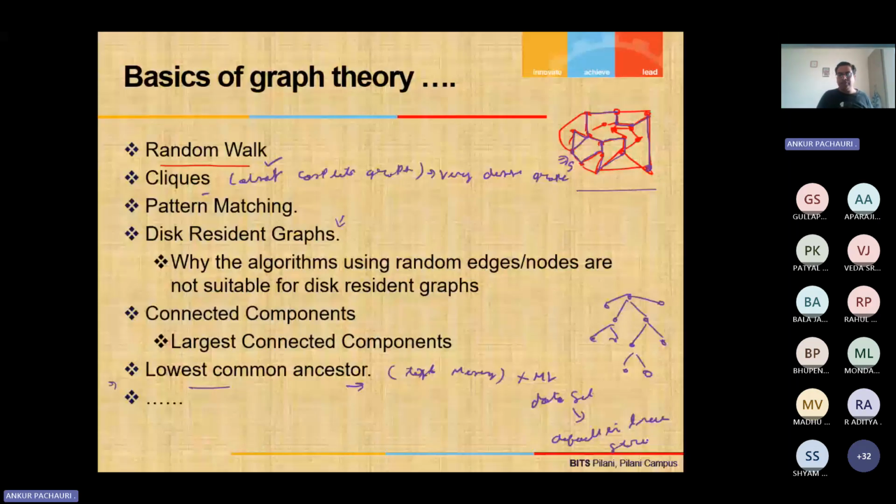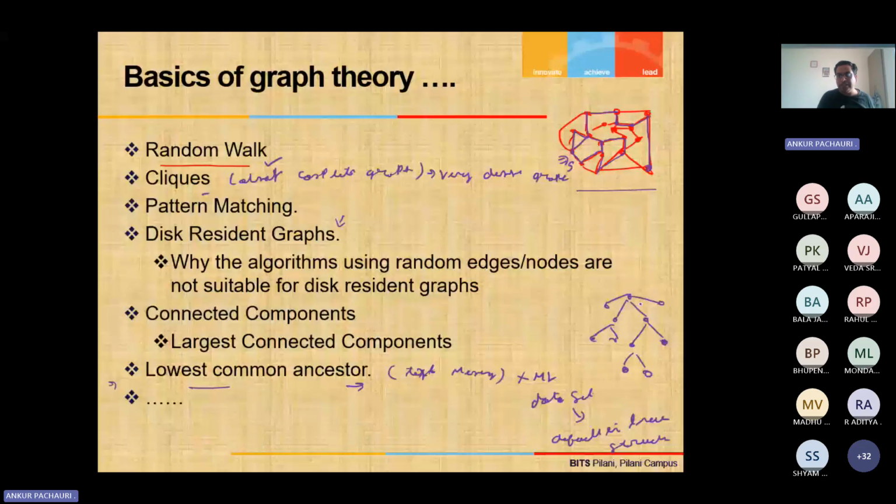Okay, so tree structure means something like this. If I need to find how close two things are, suppose this is one keyword and this is another keyword, that depends upon their common ancestors.